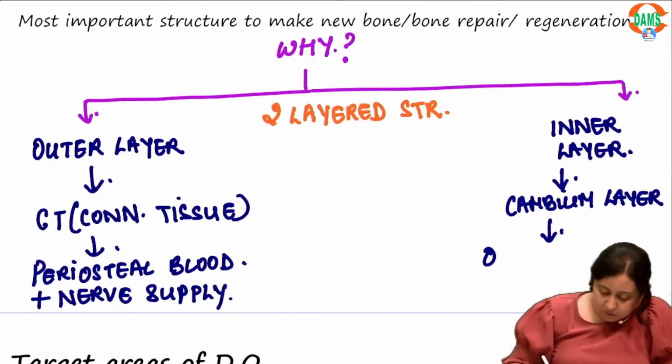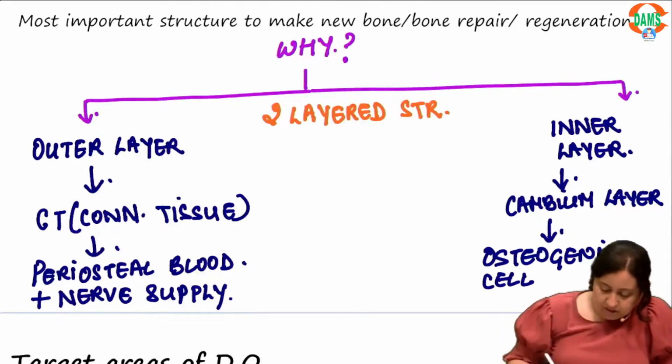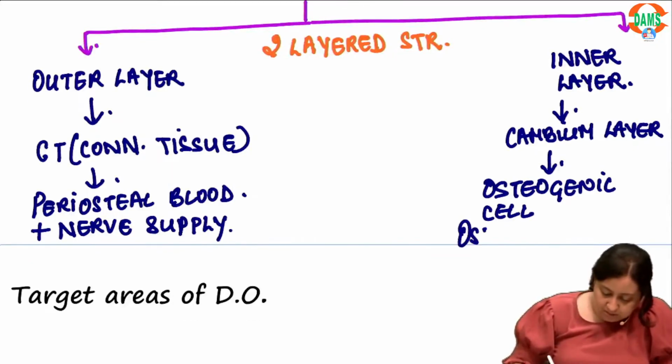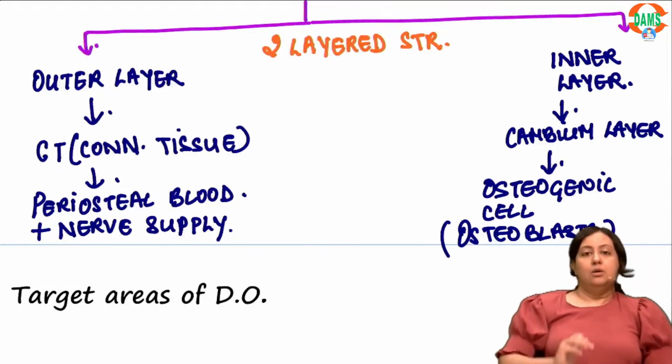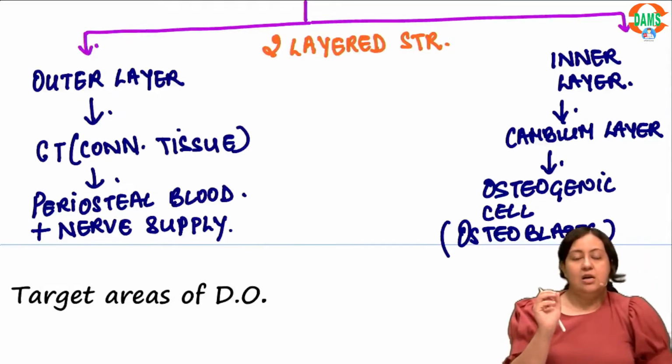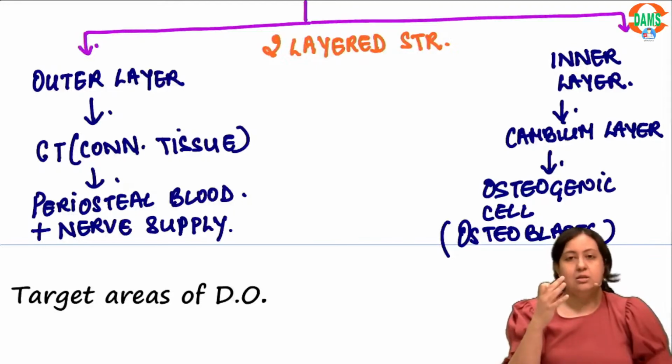This layer has your osteogenic cells, which are nothing but your osteoblasts. So please understand, periosteum has all the ingredients which will help in new bone generation.